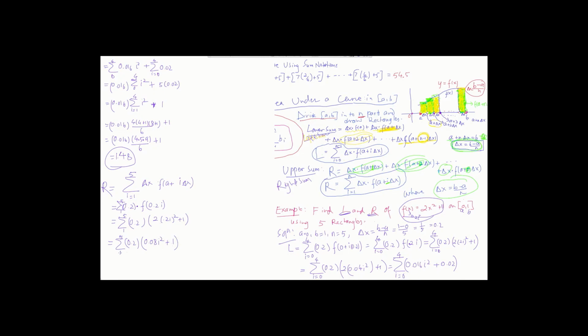And then if you simplify this, you will get summation i runs from 1 through 5 of 0.016 i square and then plus 0.2. So all of these must be 0.2, not 0.02.